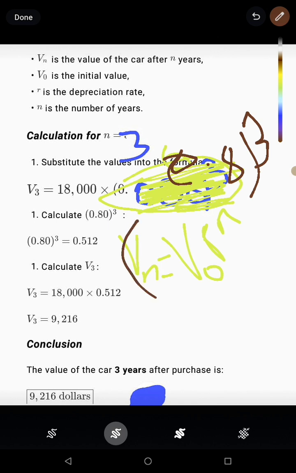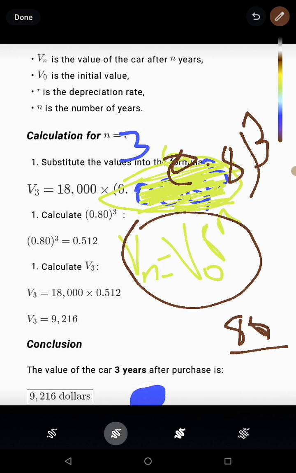Substitution into this formula: our V naught is 18,000 US dollars times the common ratio 0.8. And how do we get that? 80 over 100, and 80 over 100 is 0.8. Do you get what I'm doing now? So that will be 0.8 all raised to 3. Now we simplify 0.8 raised to 3 and we get 0.512.